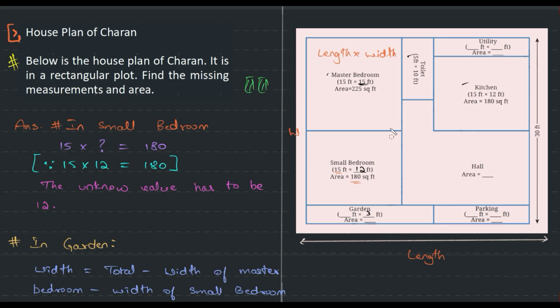Did you guys figure it out? Yes, we have 3 sets of values which we can make use of. One is this, second is this, and third is this. Right? They are next to each other. So this is one length, this is another length, and this is the third length. So 15. Oh, how is it 15? It doesn't look like 15.